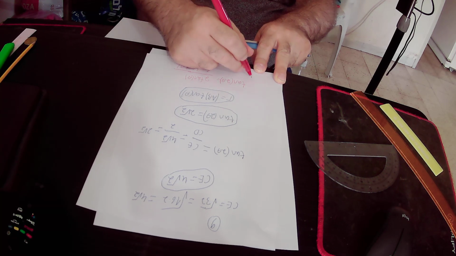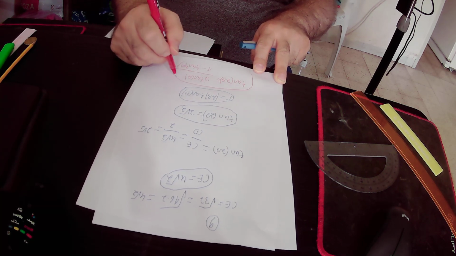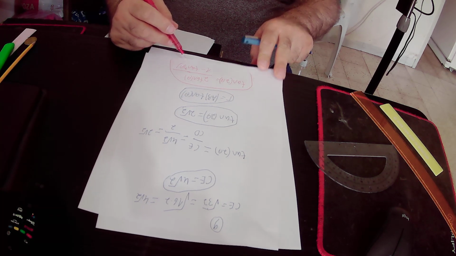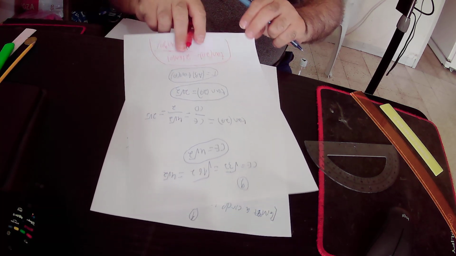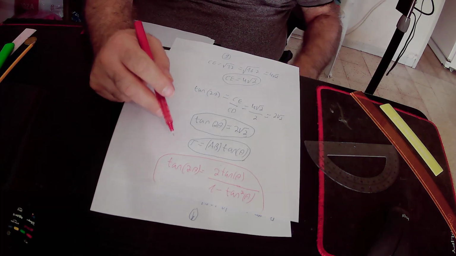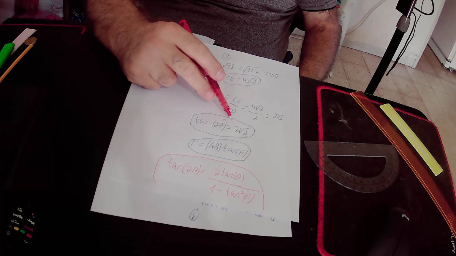Okay, so we will use this identity to find the value of tangent theta, because we already know that tangent 2 theta equals 2 times root 2.